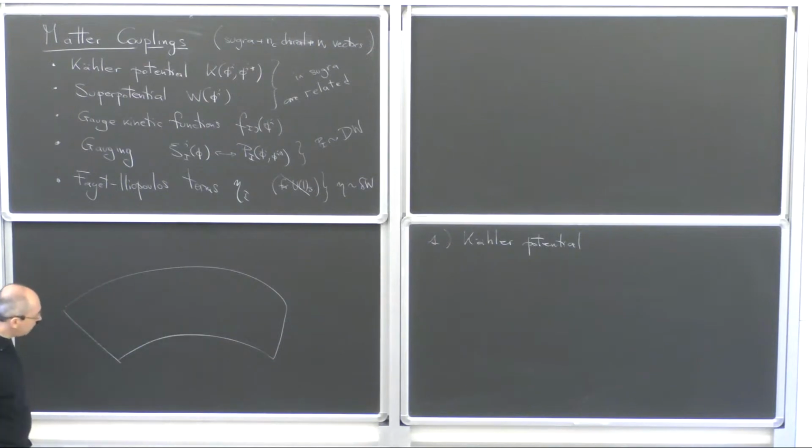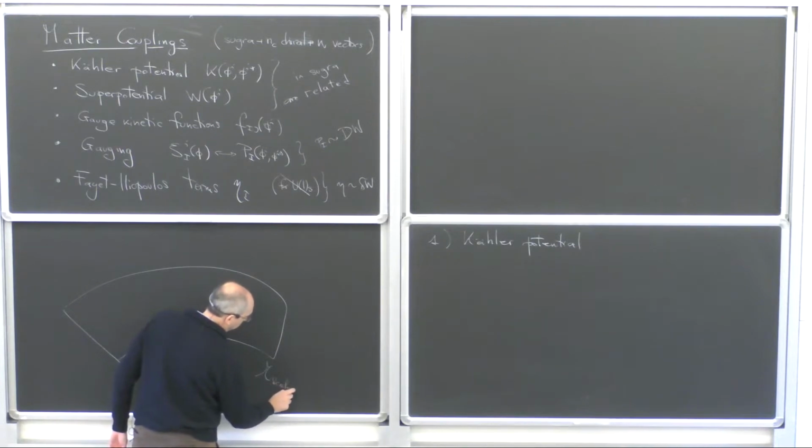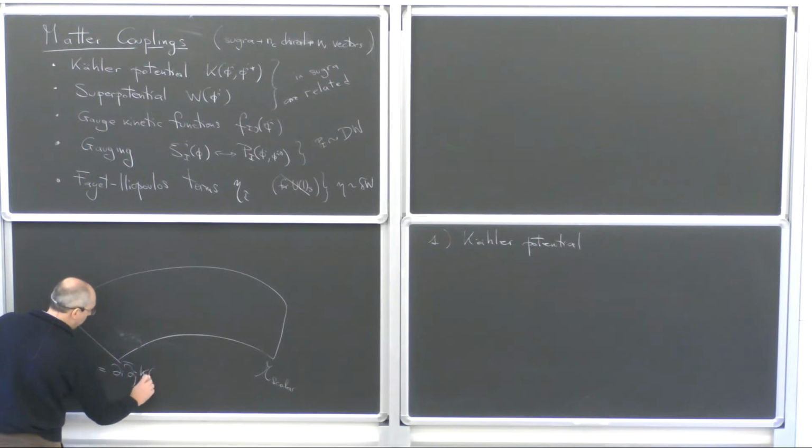So as I said, if you have chiral multiplets, you can interpret the scalar fields as coordinates on a scalar manifold. And on this manifold, you have a metric, which is of course a function of the scalar fields, which is related to the second mixed derivative of the scalar potential.